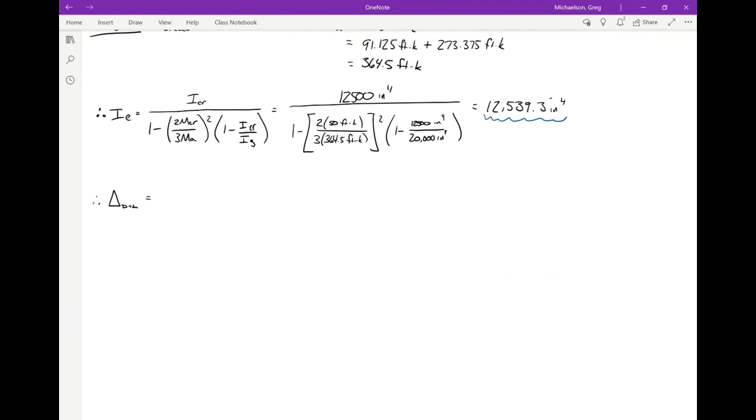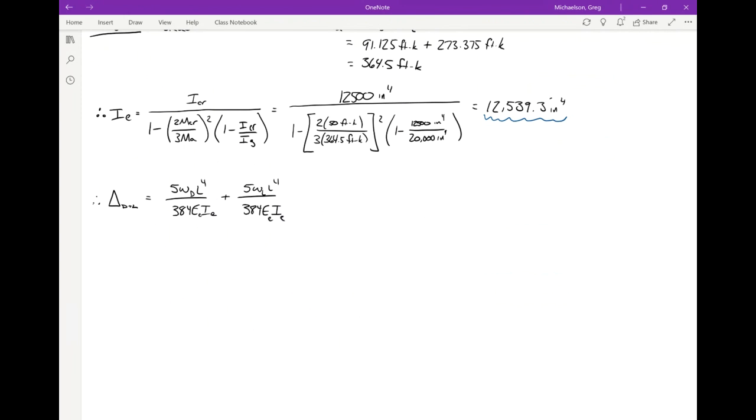Here's what I'm going to do. I'm going to say that that's 5W L to the fourth over 384 EI for the dead load, plus 5W L to the fourth over 384 EI for the live load.